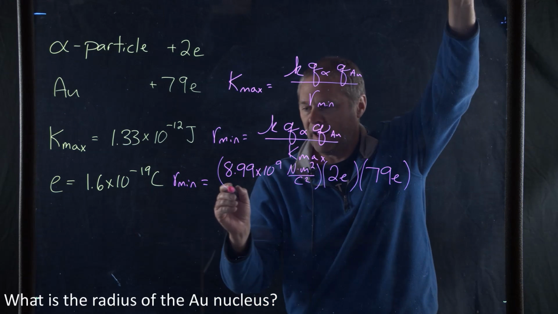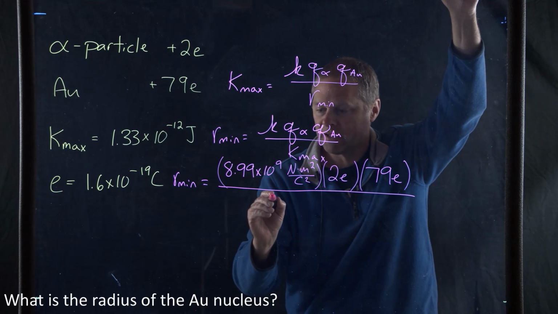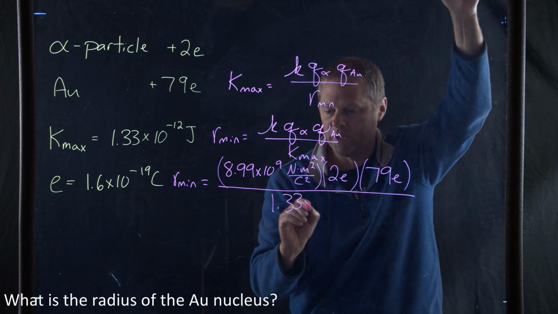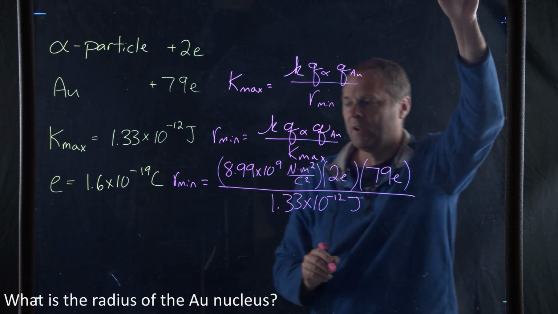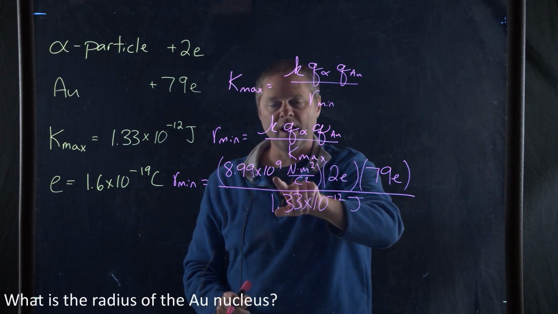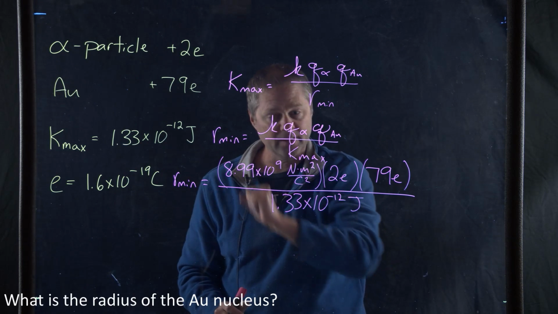All right, now you want to divide this by our kinetic max, which is 1.33 times 10 to the minus 12th of a joule. So you're going to take our proportionality constant, which is what we saw when we talked about the electric force back at the beginning of the semester.